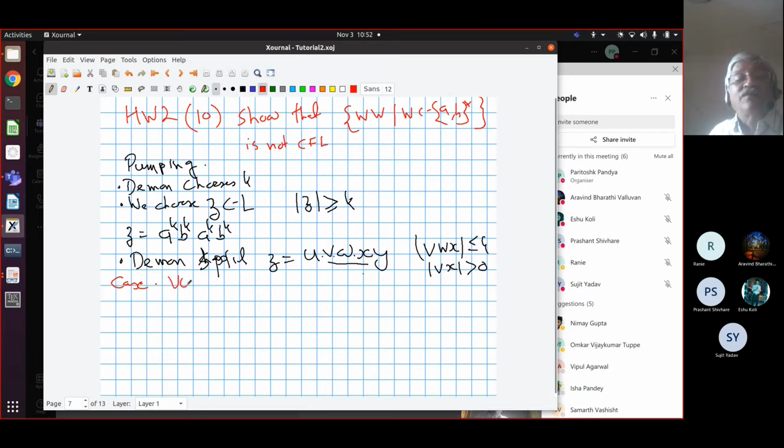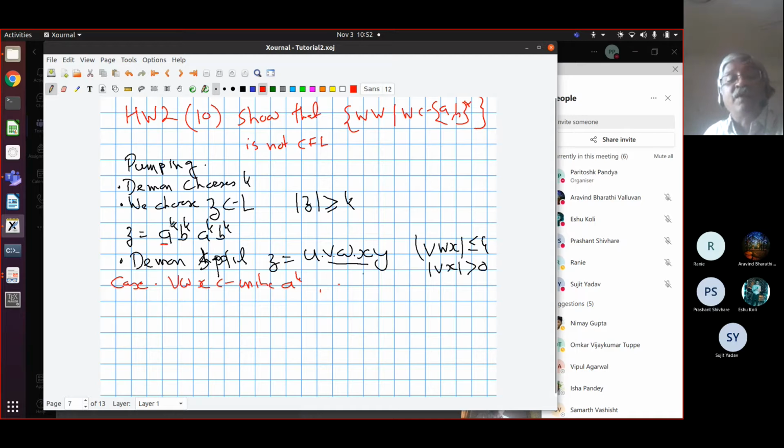So VWX belongs to the initial a raised to K part. U need not be epsilon, but basically this VWX string belongs to this first part.